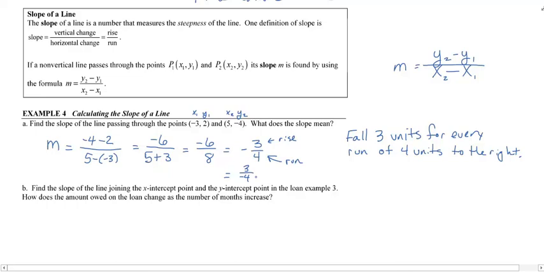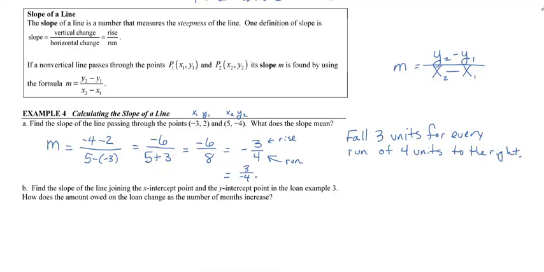Negative moves would be going down or going to the left. Positive moves would be going up or going to the right. But if you have a negative slope and you go down and to the left, you're actually going to end up graphing a positive slope because a negative divided by a negative is a positive. So it's consistent with the algebra.